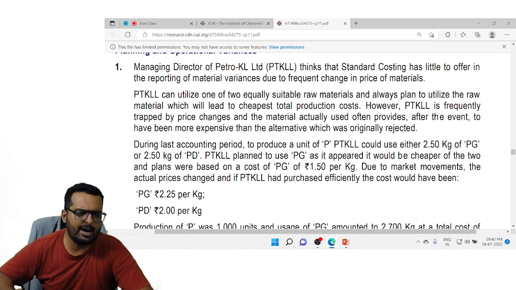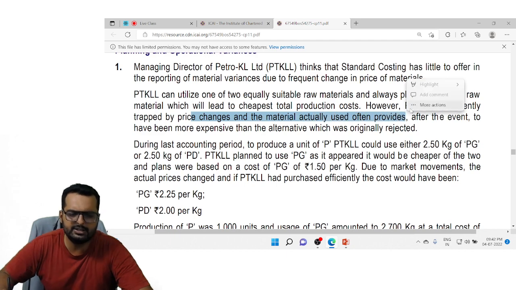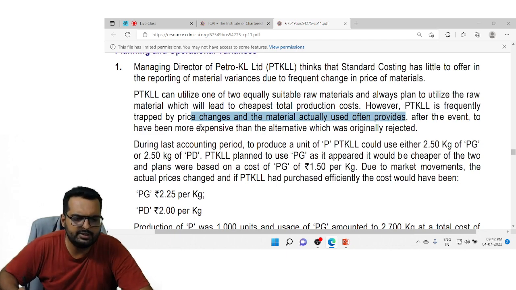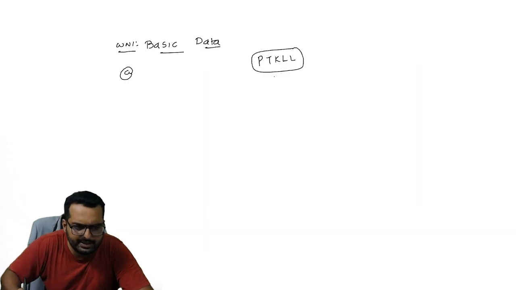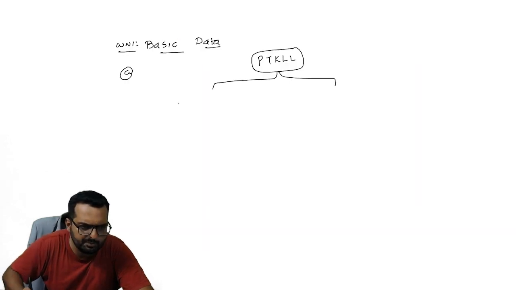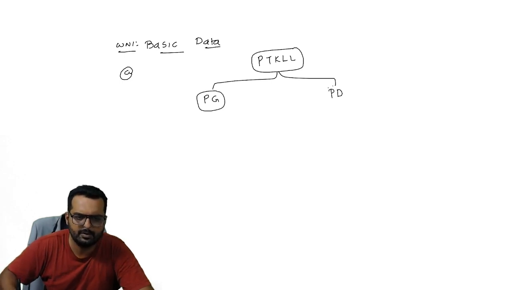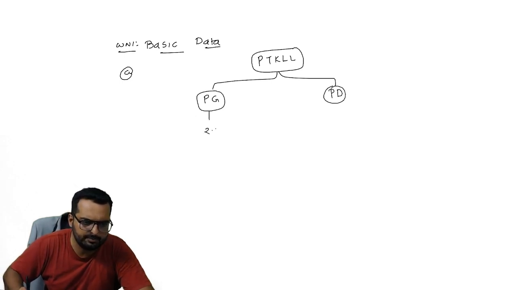How frequently they are trapped by the price changes and material change results in much more expense. During the last accounting period, PTKL could use 2.5 kg of PG or 2.5 kg of PD. So there are two products it can use: either PG or PD.